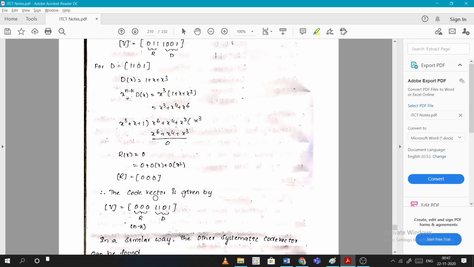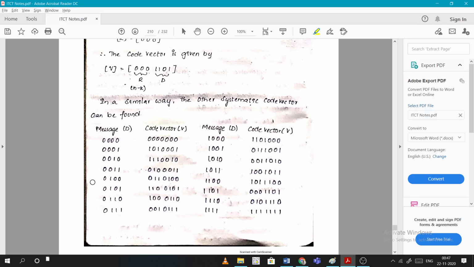So if you make a table, it will look like this. You can identify here 0001, 0000, 0010, 0011, 0110, 011, like that. Here also, if you try to rotate this, it might not be in the same order, it will be somewhere.